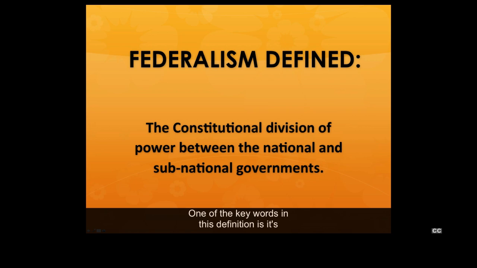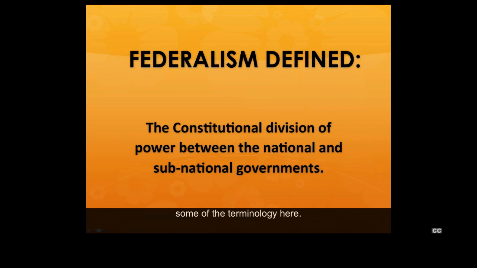One of the key words in this definition is it's the constitutional division of power in the United States, because the division of power between the national and subnational governments is not an option. It is, in fact, constitutionally mandated. Now, to what degree power is given to the national or subnational governments is a different story. But the fact is that the Constitution requires that there be this division of power.